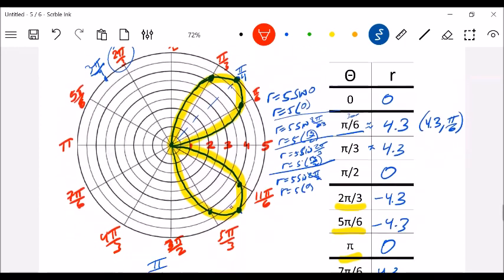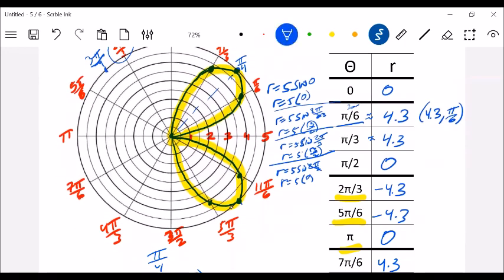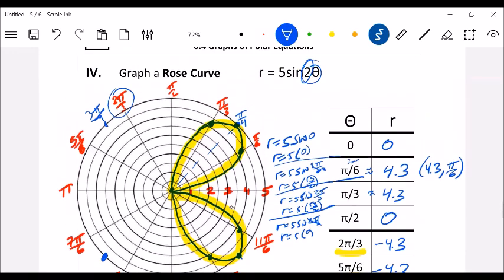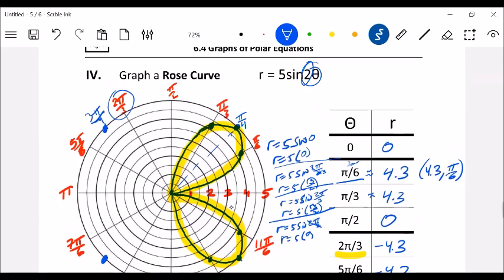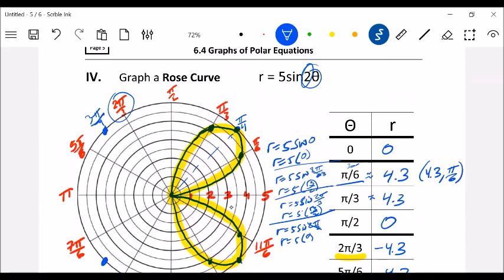So we'll still use those in between for here and in between for here. So we're going to get 4.3 here and 4.3 here. So we'll get the same curve.